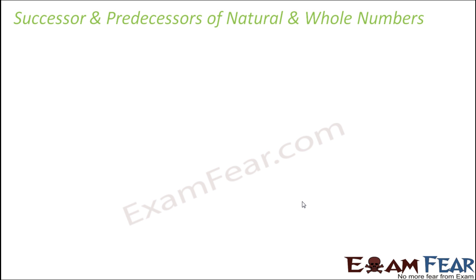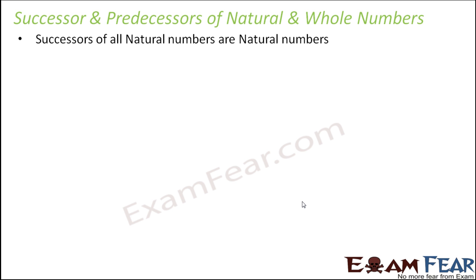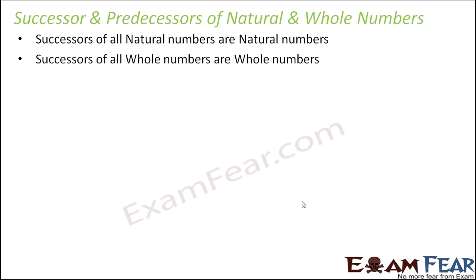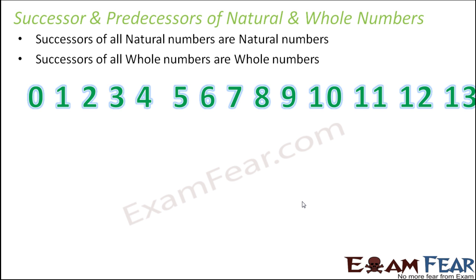Now, when we actually start looking at the successor and predecessors of natural numbers and whole numbers, we conclude certain points. For example, we conclude that successors of all natural numbers are natural numbers. So you think of any natural number, their successors will be natural numbers, because natural numbers start from 1.